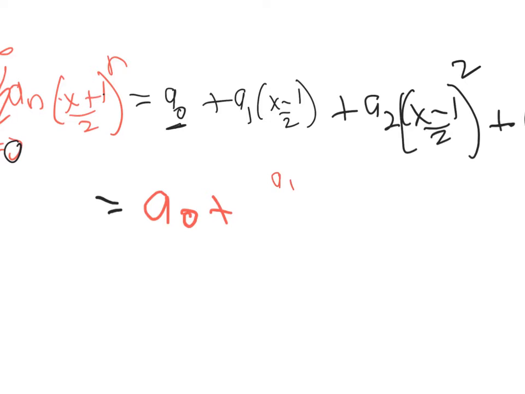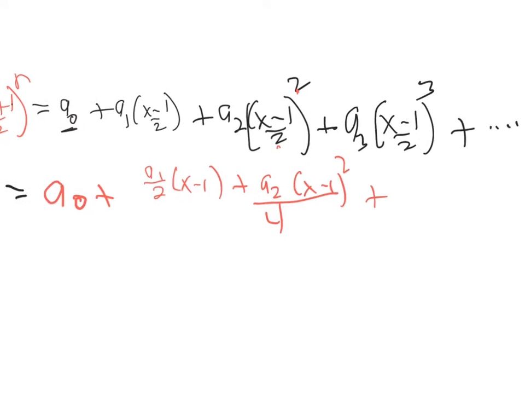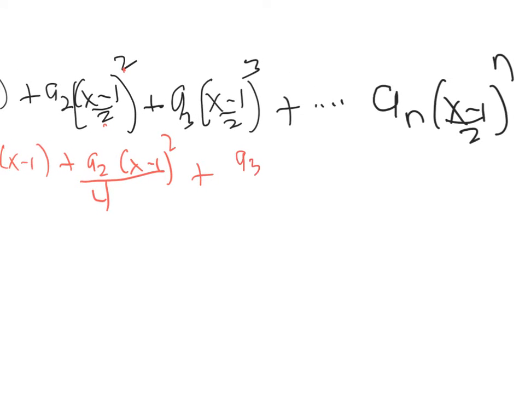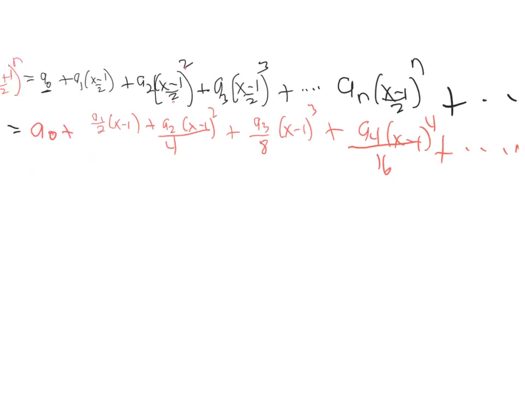A sub 1 over 2 times x minus 1, plus a sub 2 times x minus 1 squared over 4, because 2 squared, plus a sub 3 over 8 x minus 1 cubed, plus, let's do one more just for fun, a sub 4 x minus 1 to the 4th over 2 times 16 plus, and I think that could be this.